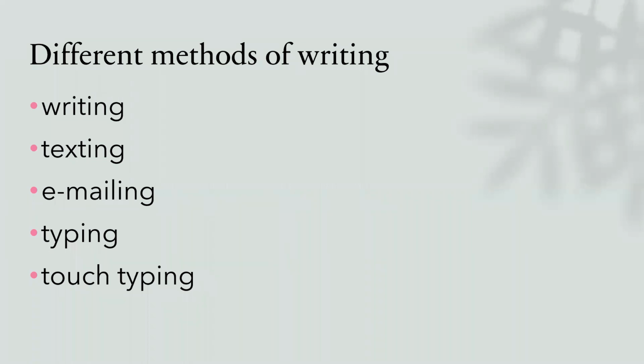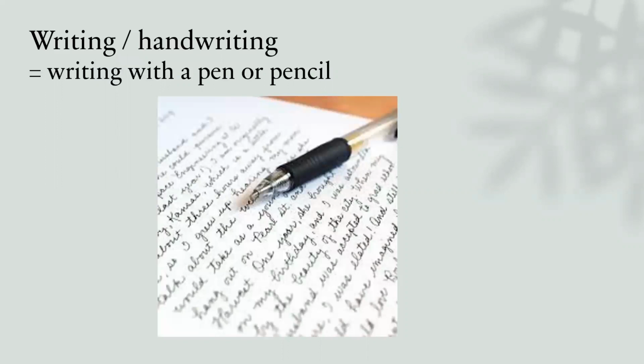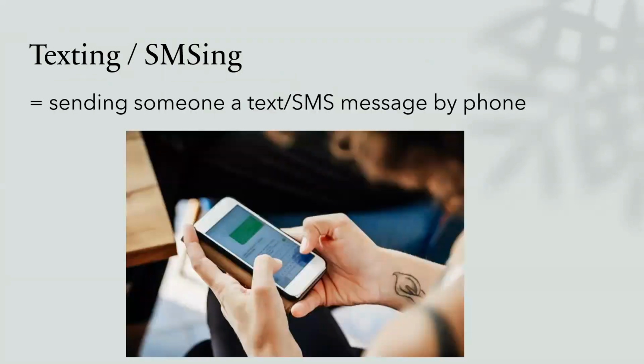So we will start with the simplest one, writing, or we can say handwriting. When we handwrite, we write with a pen or pencil on a piece of paper, like you can see in this picture. And then we've got another type, texting or SMSing.